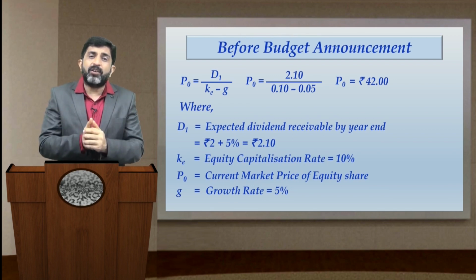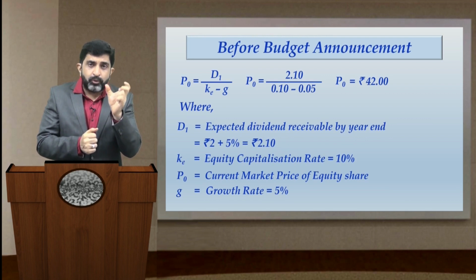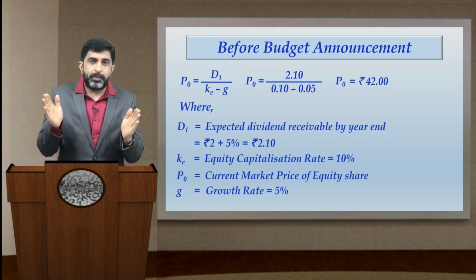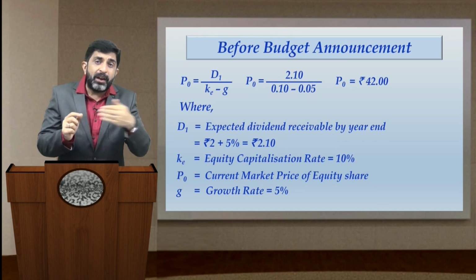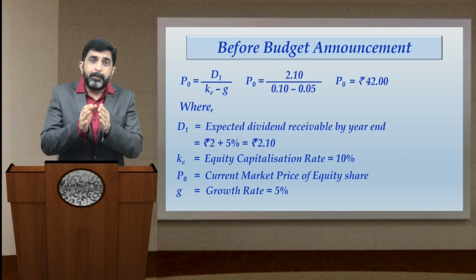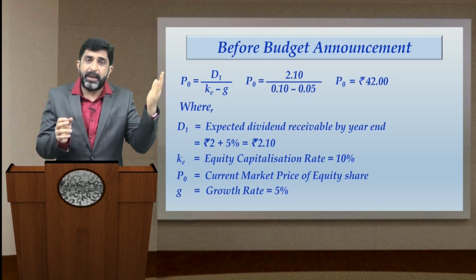The second impact of the budget announcement was on the base dividend amount that was rupees 2. It will not remain rupees 2 because 20 paisa out of that will be paid off in the form of tax by the company. That is in the form of dividend distribution tax. Company will pay it off.